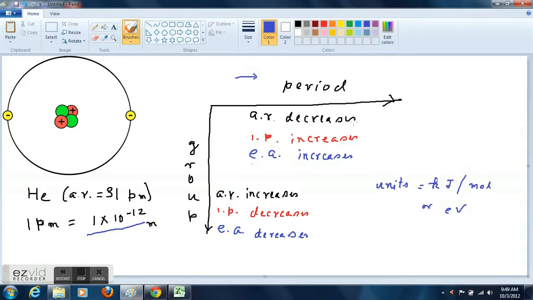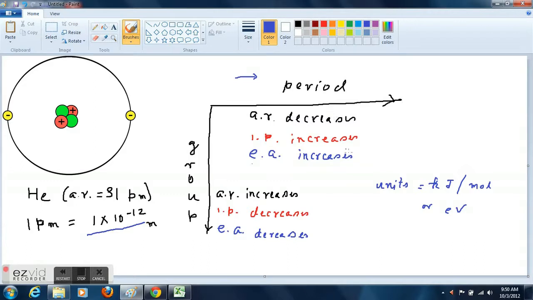That means you need more energy to remove an electron. That means again for the same reason, attraction increases. So ionization potential increases, and electron affinity also increases as we move along the period from alkali to alkaline earth to halogens up to inert gas.